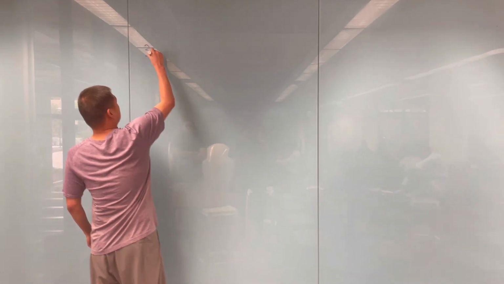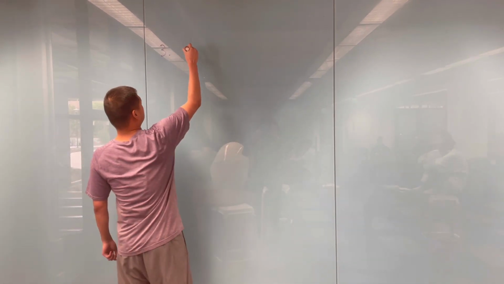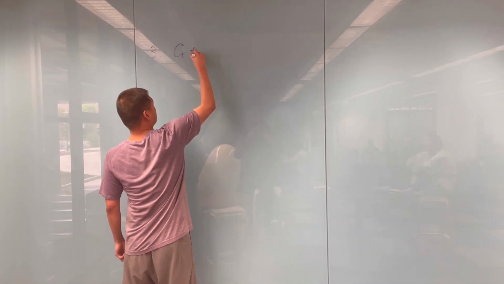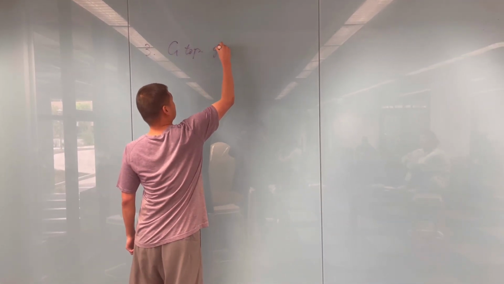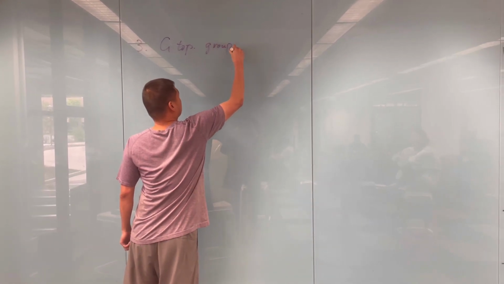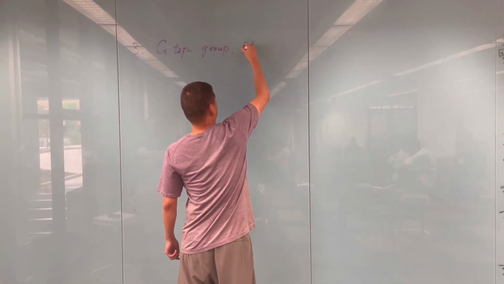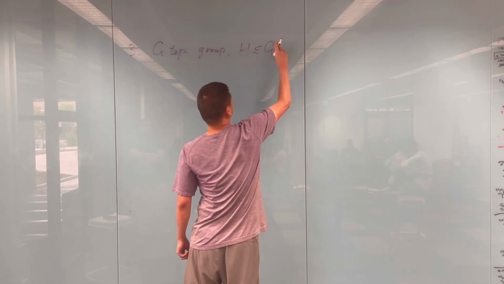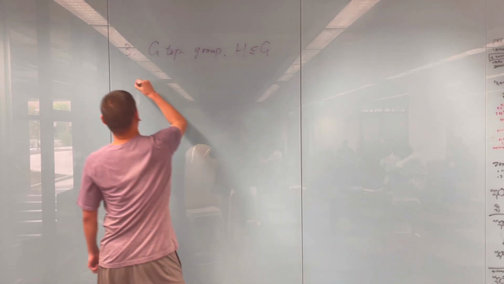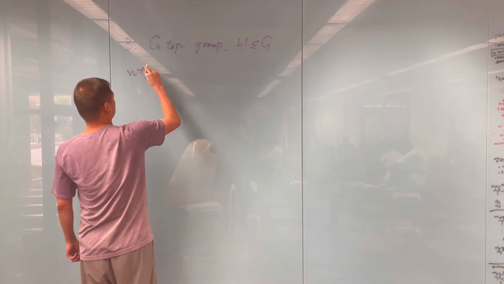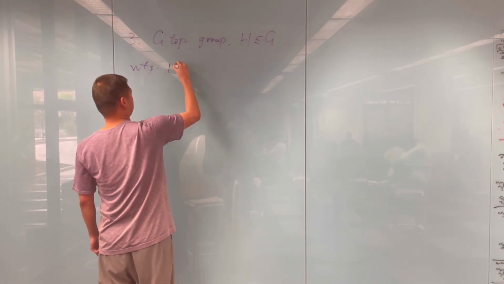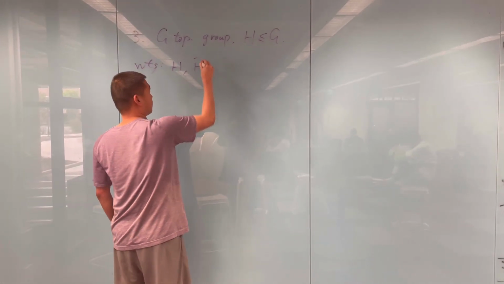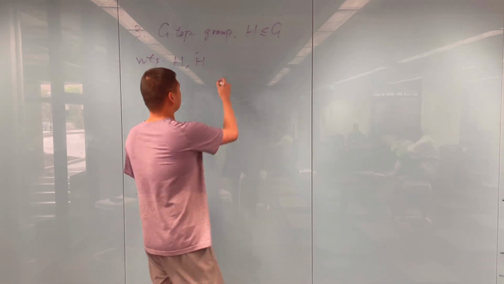So in problem 3, we want to show that if G is a topological group, and H is a subgroup of G, we want to show that H and H bar, which is the closure of H, are also topological groups.